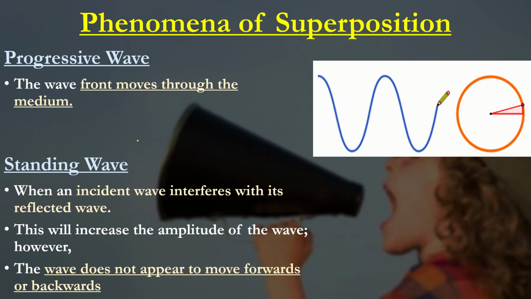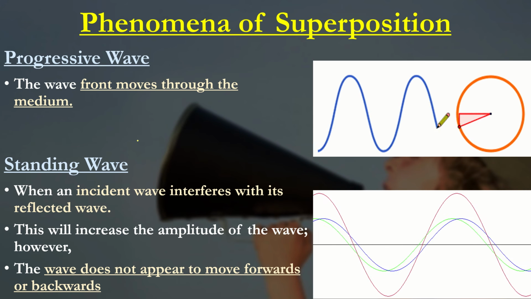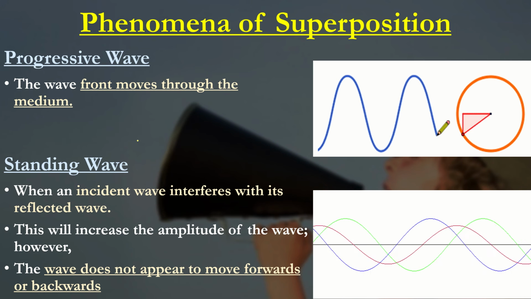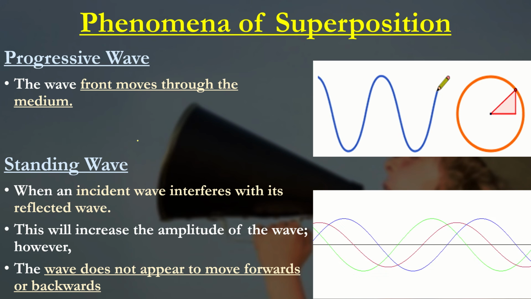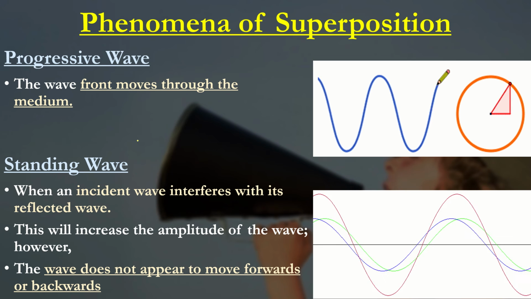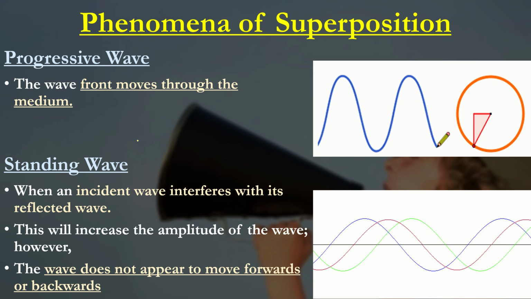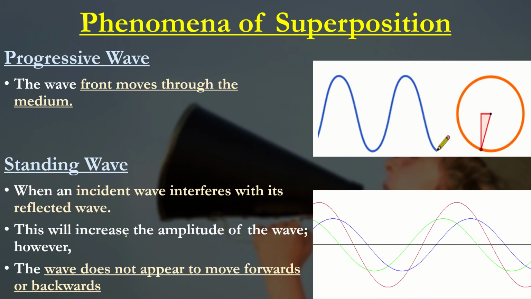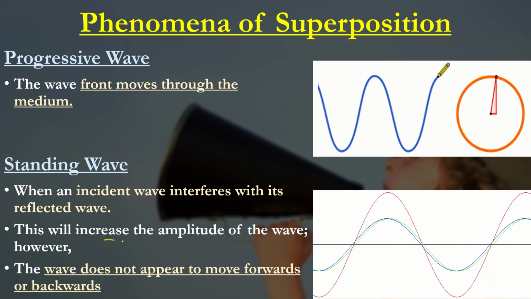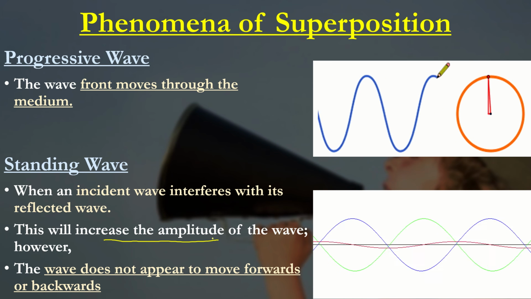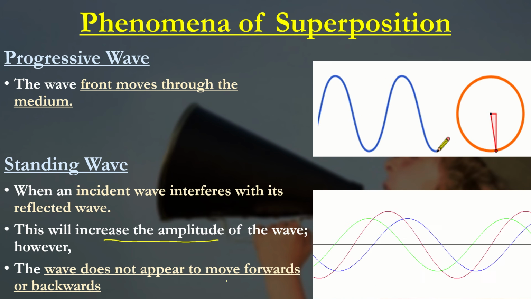Now this occurs because of some kind of interference between two or more waves together. And what that actually does is it gives us a nice little pattern of music or sound depending on what tones we generate. But what we will see is when we create standing waves, there is an increase in amplitude of the two waves added together, and it doesn't look like it's moving.